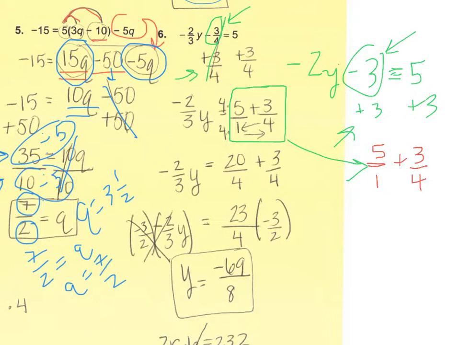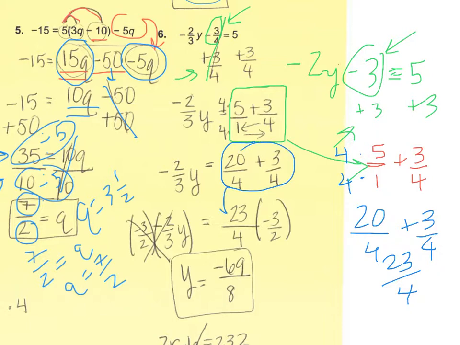We need a common denominator, so we multiply the left fraction by 4 on top and bottom, and that's why we get 20 over 4 plus 3 over 4. If the denominator is the same, it's a 4, we add the top, so we have 23. So 23 over 4. So you'll notice when I simplified, that's how I got 23 over 4.